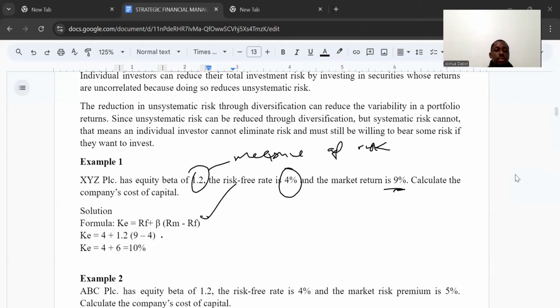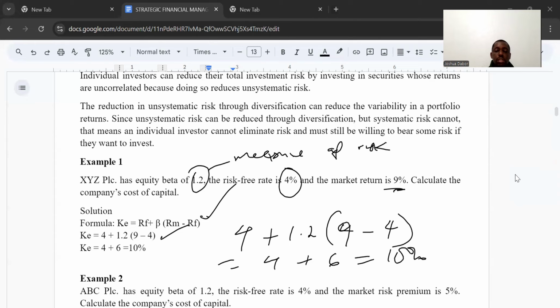So that takes us to 4 plus 1.2 into the return from the market, 9, minus the risk-free rate, which is 4. This becomes 4 plus 6, that's 10%. So your cost of equity, therefore, is 10% using the capital asset pricing model.